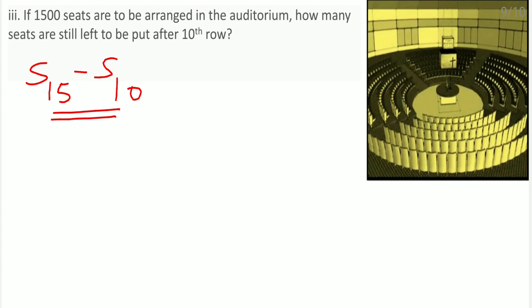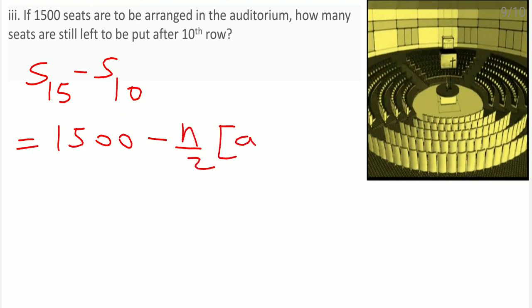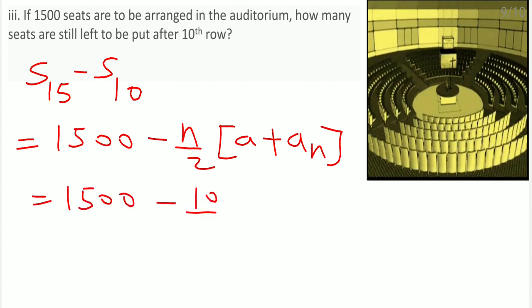So we'll get the remaining seats. So here we know total number of seats 1500 seats minus sum of all the seats till 10th row. That means n by 2 here. I'll write down the first row seats plus the last one. That means 10th one. Okay, so here 1500 minus 10 by 2.